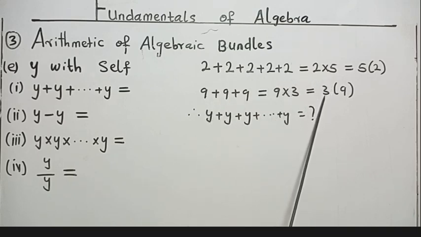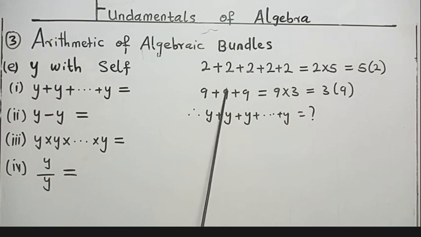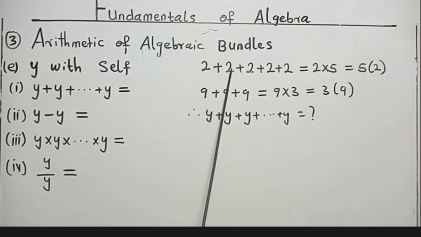Does this 3 also indicate how many times this 9 appeared when being added to itself? Yes. Watch it here. How many times did this 9 appear when being added to itself? It appeared 3 times. That is what this 3 is. These 2 appeared 5 times. That is what this 5 is doing here.